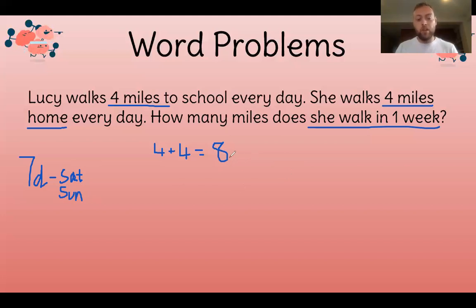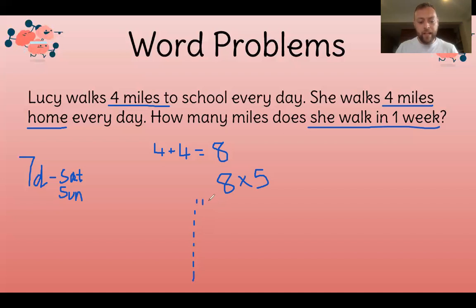So Lucy walks 8 miles 1 day, and I want to know how many miles she walks for 5 days, because there's 5 school days. So we're doing 8 times 5. Show me your working out. What are you going to do? I'm going to draw my array. 1, 2, 3, 4, 5, 6, 7, 8.